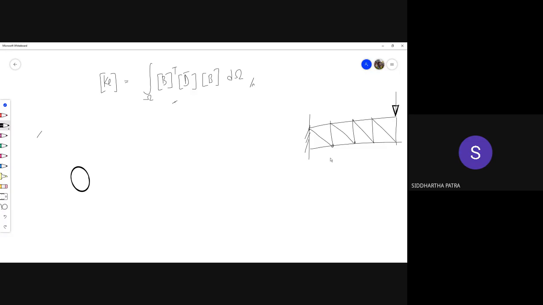Now leaving that aside, look at any given element. Let's say this one. If you try to model it with a CST element, for this entire element, the stress is going to be constant. Same stress. What I mean by that is you are trying to model an entire thickness with a single element.